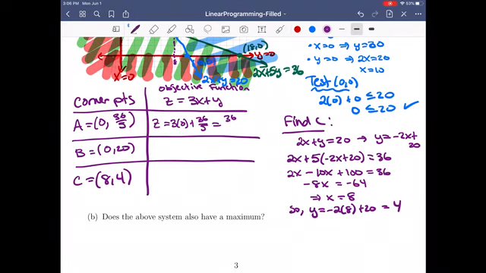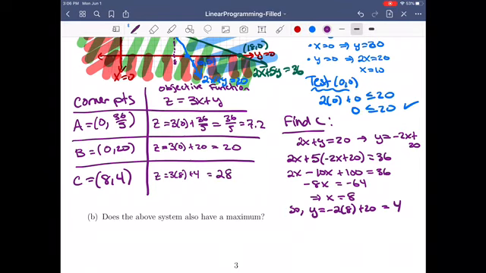So that's going to be 36 over 5, which we already said was 7.2. When I plug in b, I get 3 times 0 plus 20. So that's going to be 20. And when I plug in c, I have 3 times 8 plus 4. So that's 24. 3 times 8 is 24, plus 4 is 28.